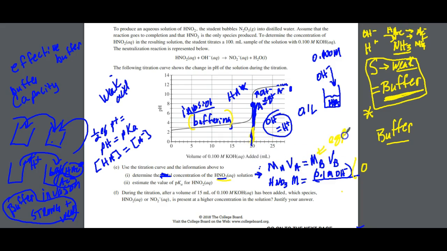At the equivalence point. And they gave it to us. The equivalence point happened when we added 20 milliliters. So 0.02 liters. Key in on that. Always. Very important. And then we're going to divide that by how many milliliters of the acid did we have? 100 milliliter sample. So we've got 0.1.